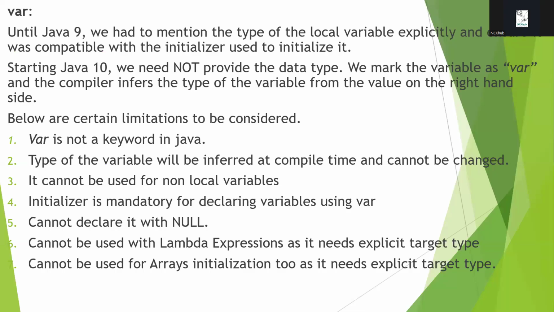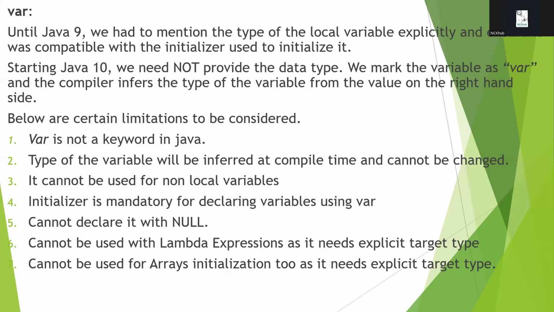And the same thing, var cannot be used as an output of a lambda expression because lambda expressions need an explicit target type. Wherever the code needs an explicit target type, var cannot be used, because var is used to enable the JVM to infer the type during compile time.